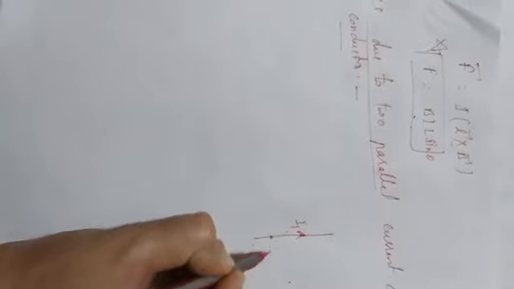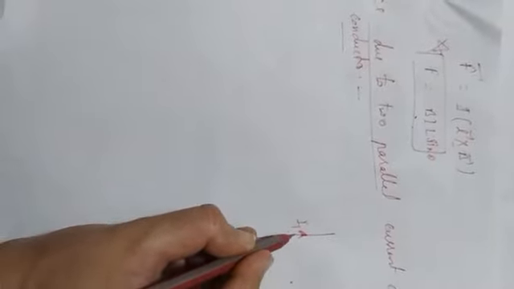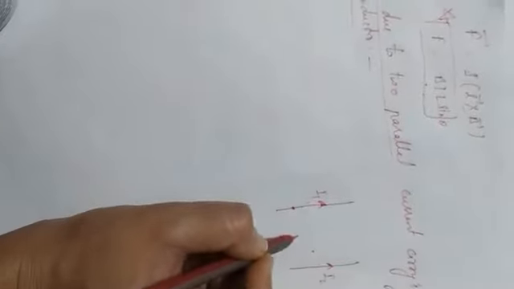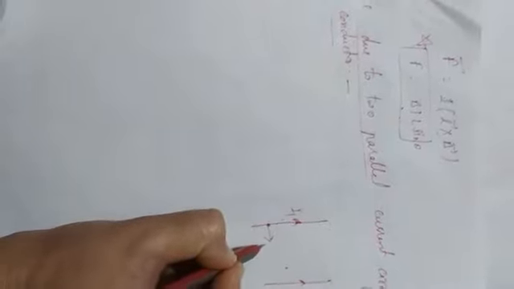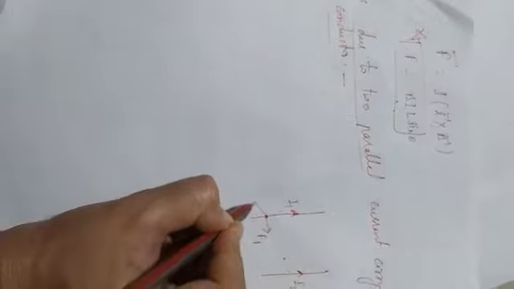On this point, the current is acting in this direction. If both current directions remain the same, then the force will act in the inward direction, perpendicular to this. Then F1 will act in this direction, and B due to this will act in this direction. How can we find this?